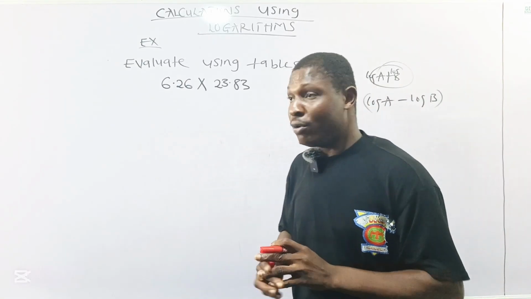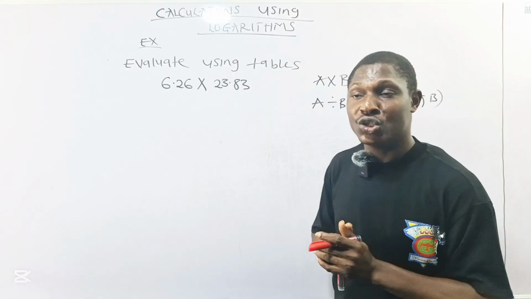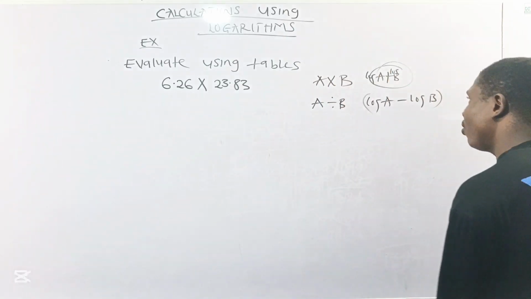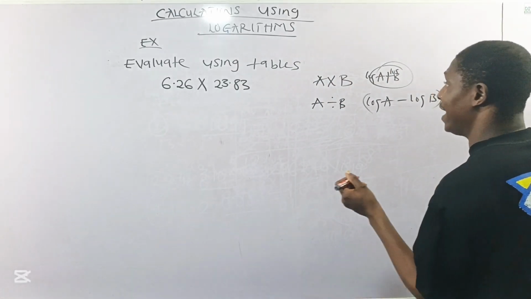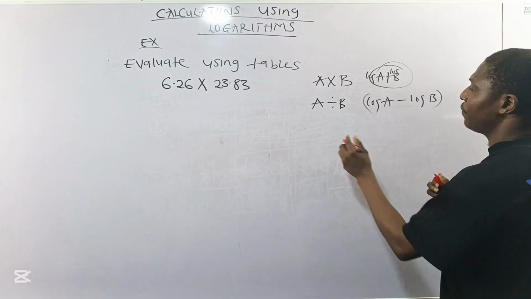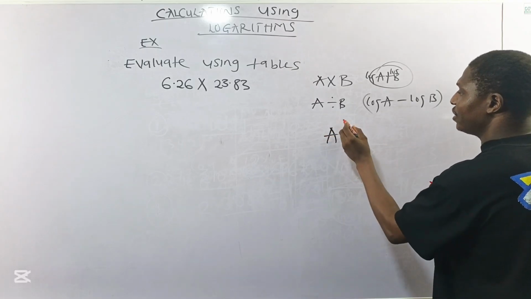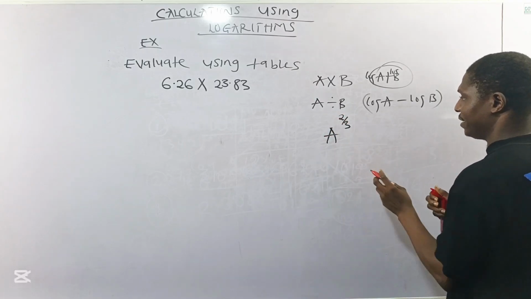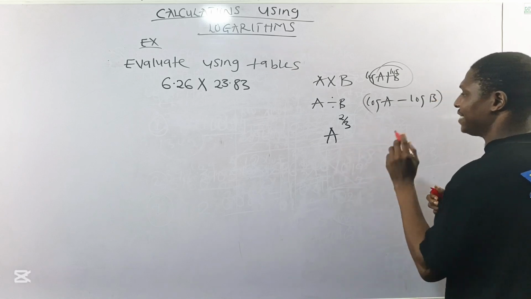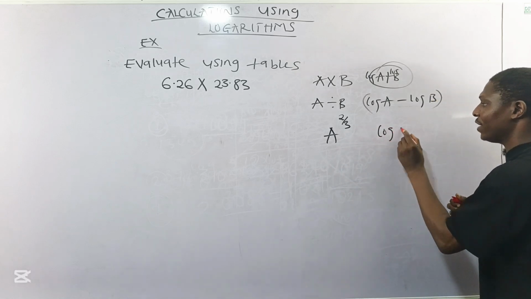I don't know if you understand, but doing it will make you understand it. Trust me. Another law we have is this: if I have a raised to power 2 over 3, I will first get my log of a.